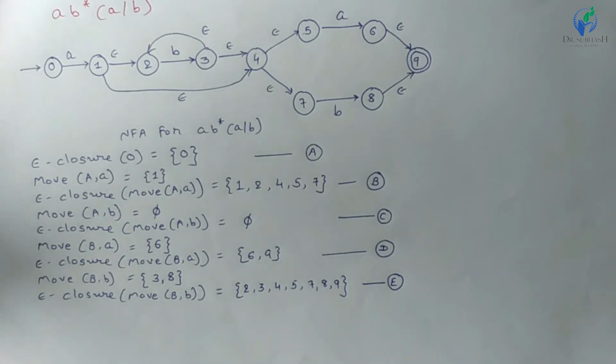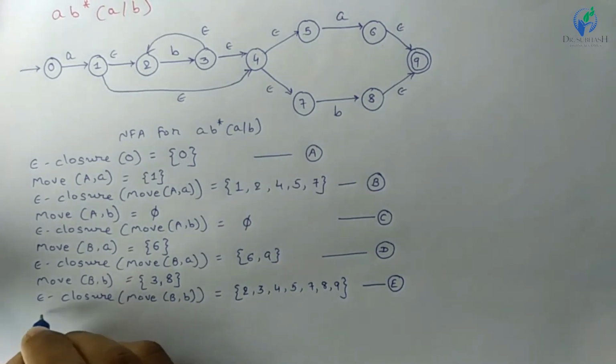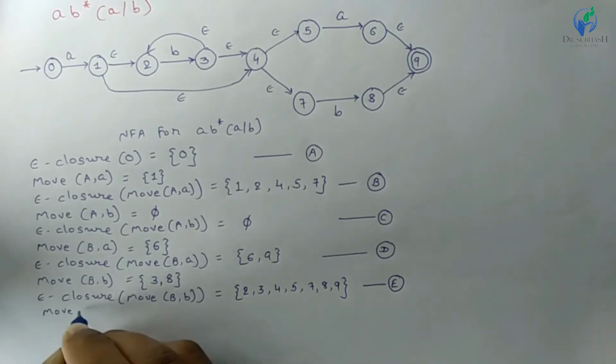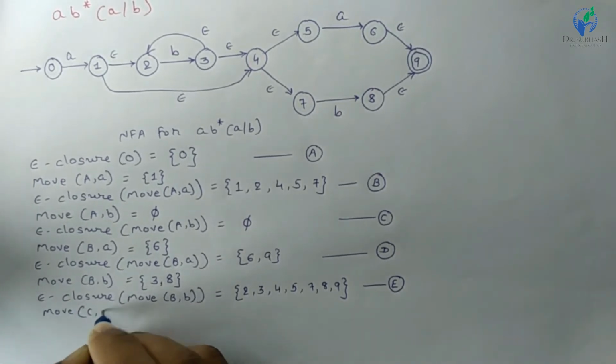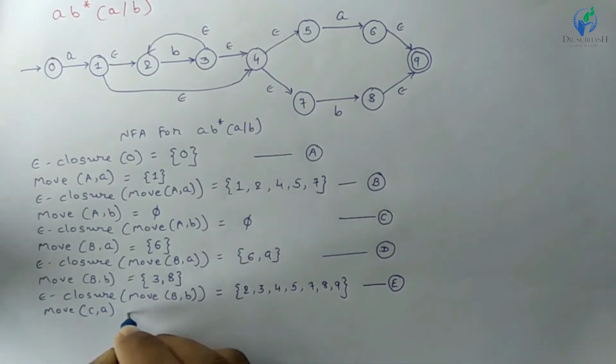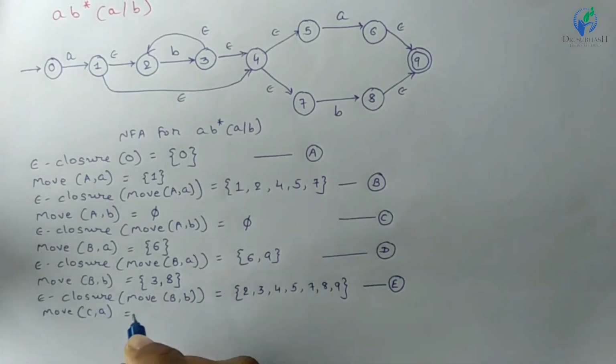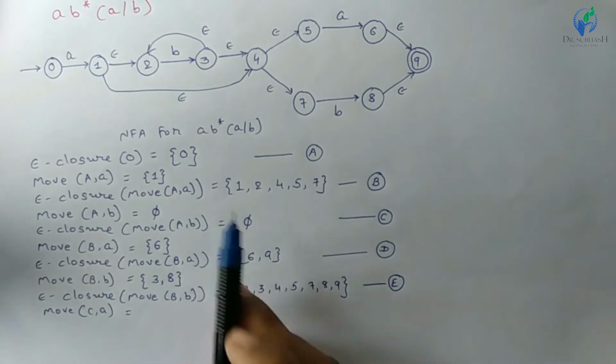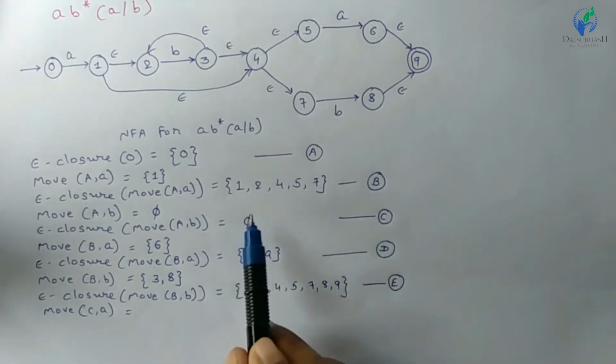Now move C to A. Your C is a dead state or empty state. So move C to A is equal to 5.